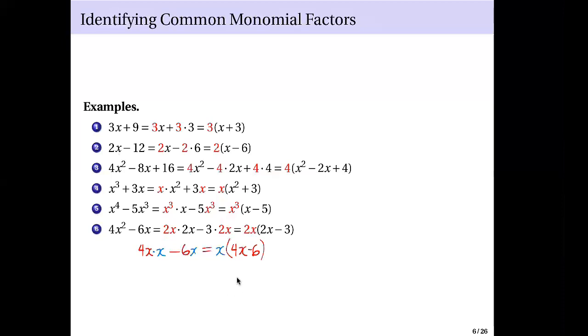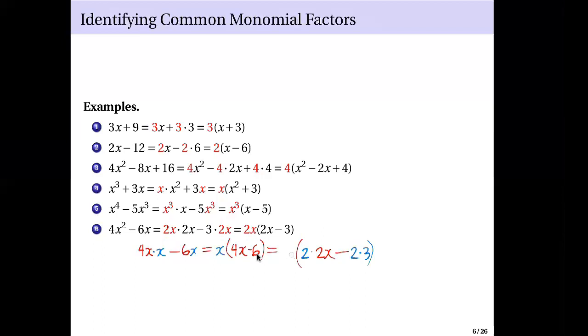And then you will realize, 4 and 6 have a common factor. And then you do the factoring again in that part. So maybe you will write here as x, and then you will have 2 times 2x minus 2 times 3. Okay?